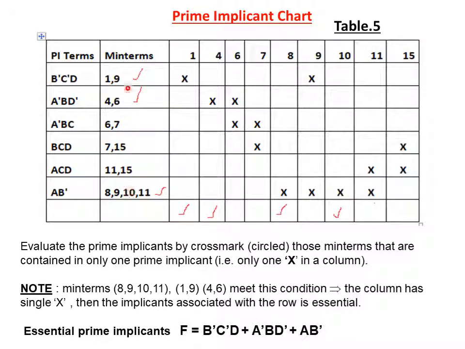These 5 minterms are coming from table 3, and this is from table 4, and the prime implicant chart is table 5.